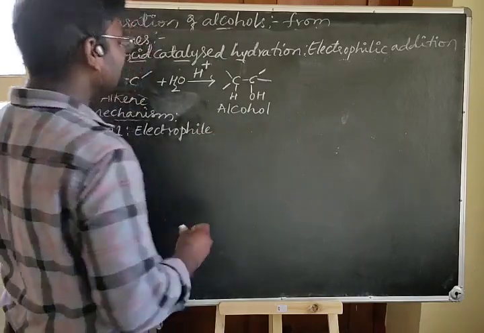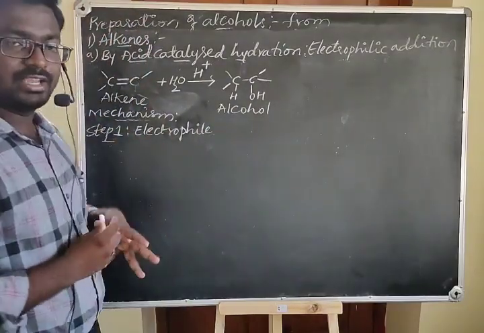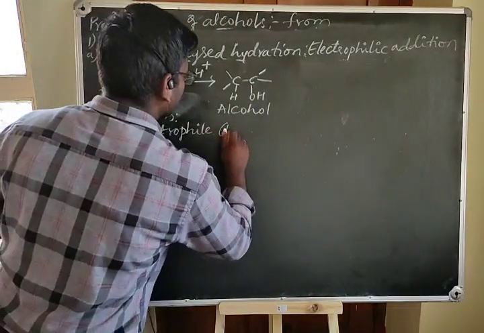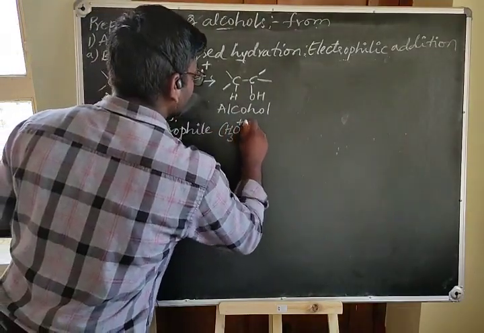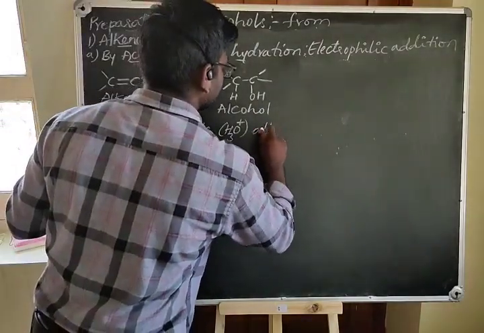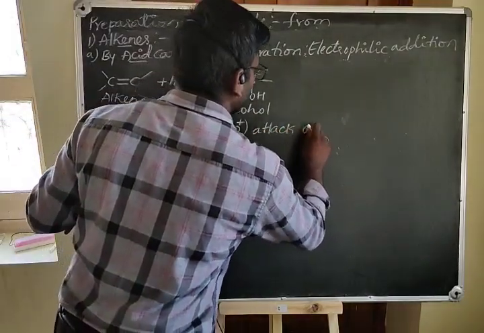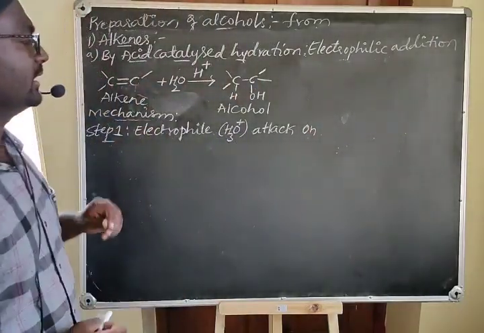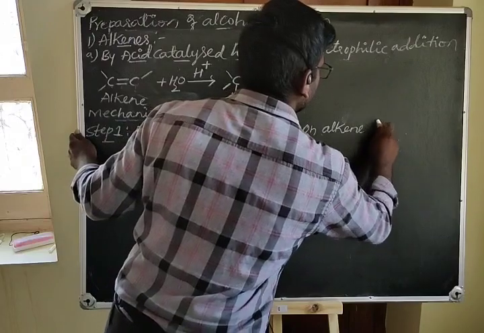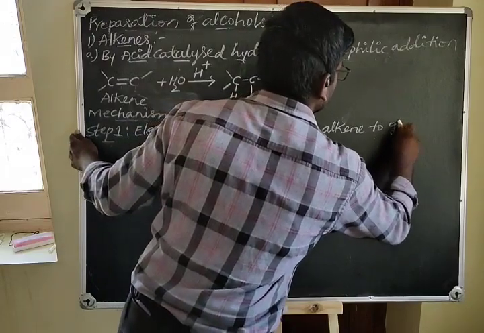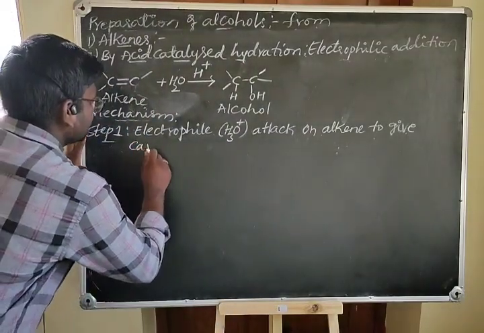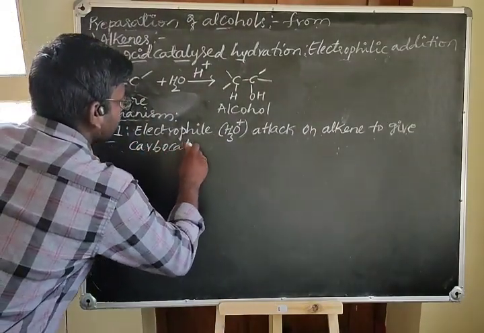What is the electrophile here? The H plus ion, or we can consider the hydronium ion, H3O plus. The electrophile attacks the alkene to give carbocations. Let's see that reaction.